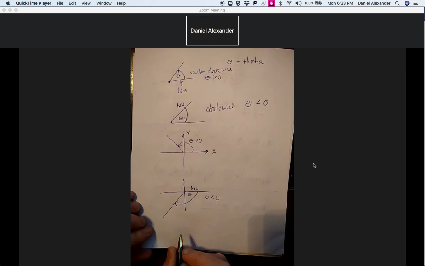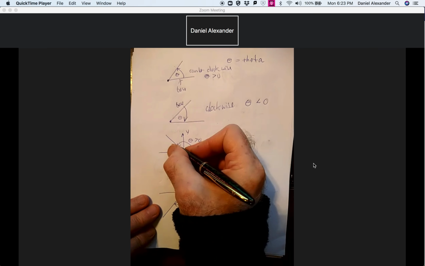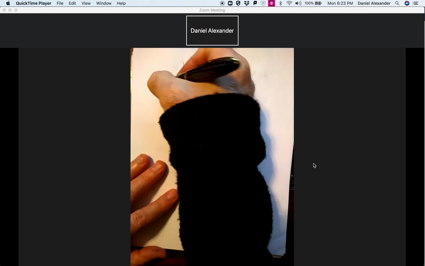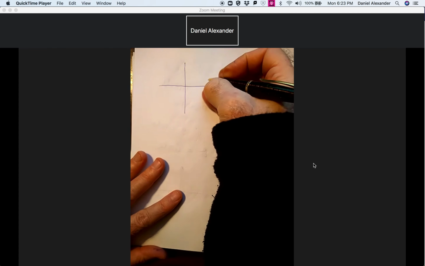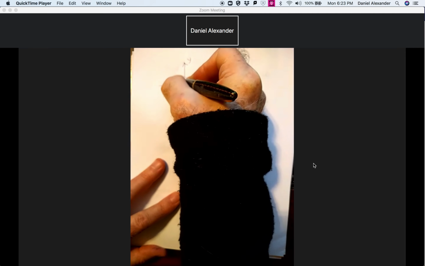Okay. So what I want to do next is talk about how angles can be any size, and it's basically in how we measure them. Here's an angle. I'm going to start here. The x-axis is my base, and this is almost always going to be the case. And I go this far.